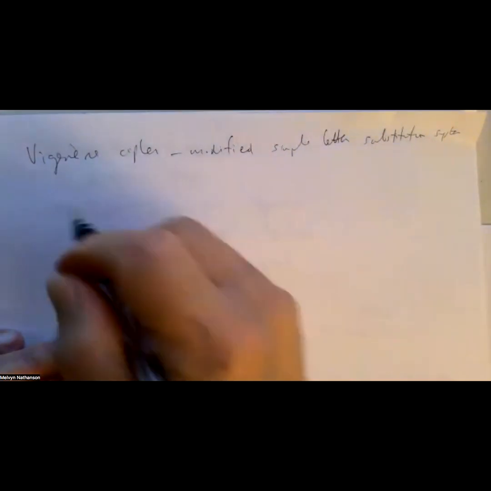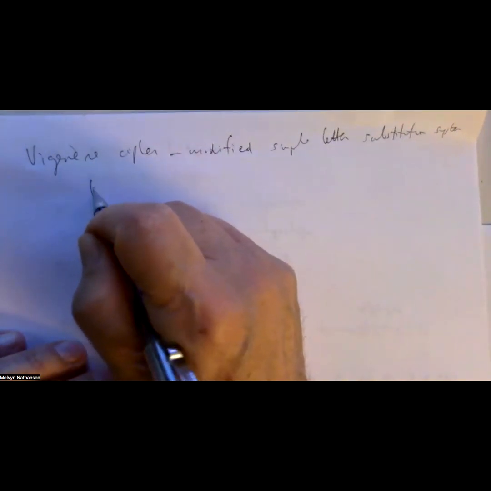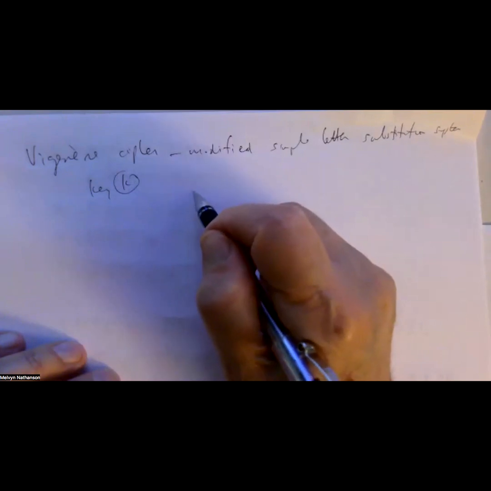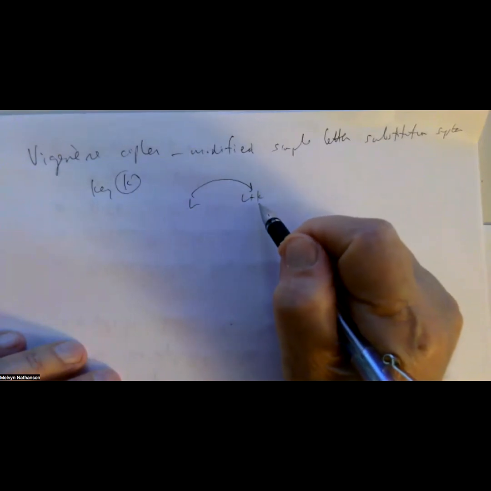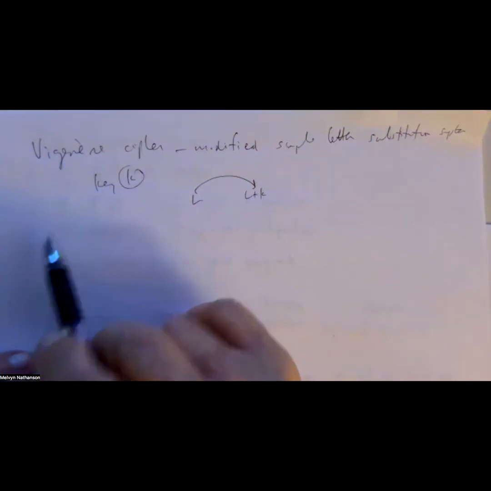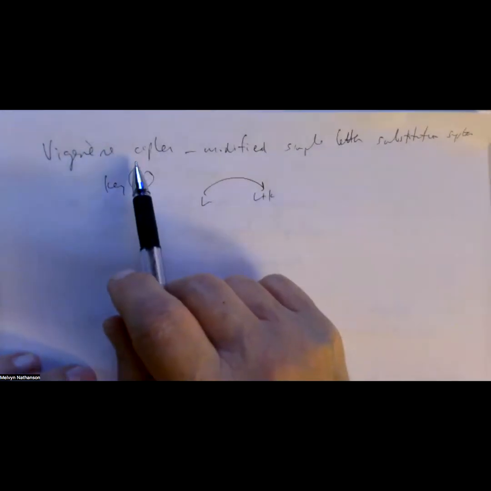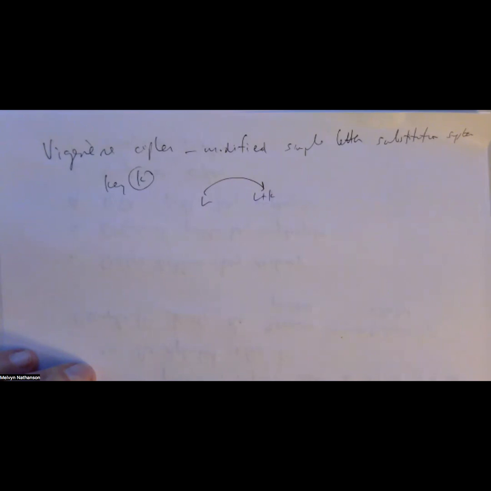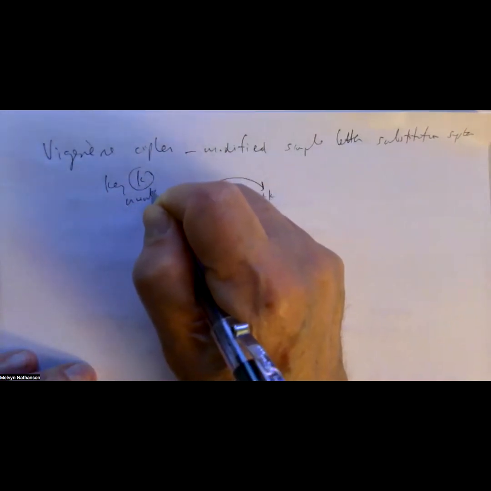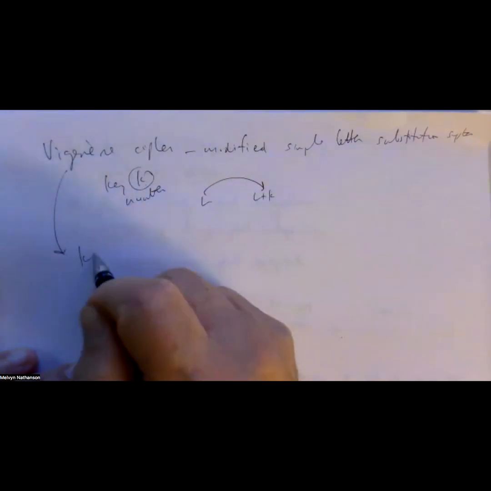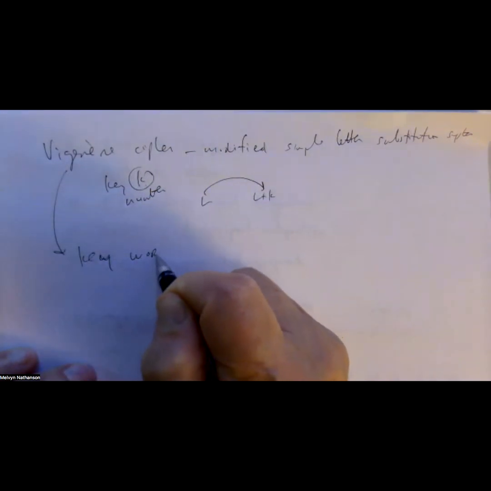Remember, in the letter substitution system, you had a key, a number K, and for any letter L, you go to the letter that comes K places later in the alphabet. In the Vigenère cipher, you do something a little bit more sophisticated. More sophisticated means this was from the Renaissance, from the 17th century. So you pick a word. So instead of the key being a number, for us in the Vigenère system, the key is a word.